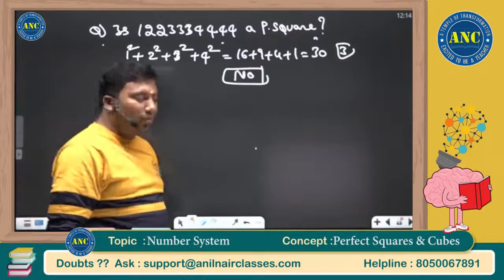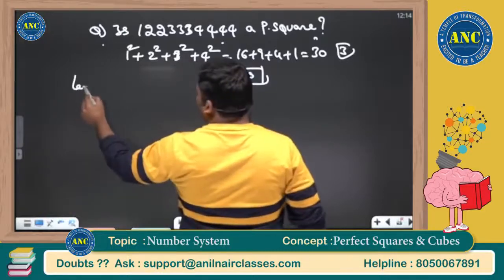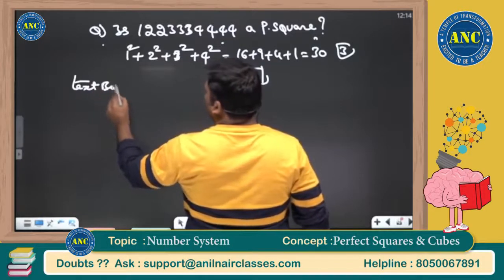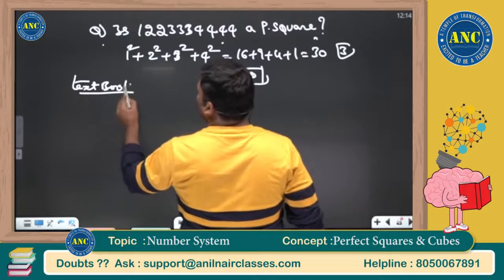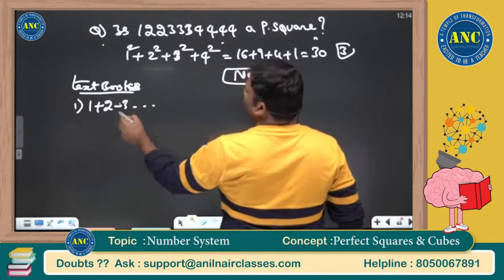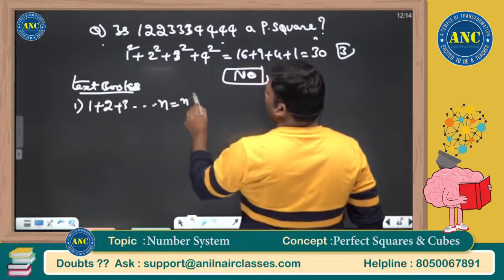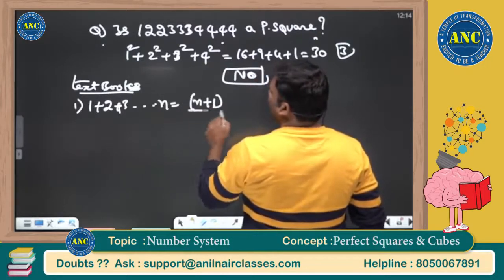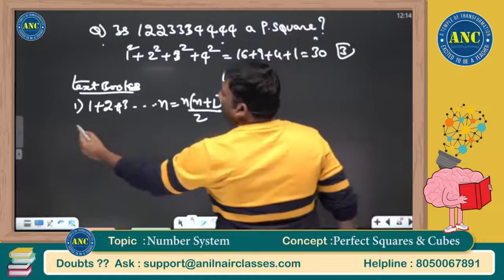Generally, in our textbooks only these 3 will be given. 1 plus 2 plus 3, the sum of the n natural numbers is n into n plus 1 by 2.